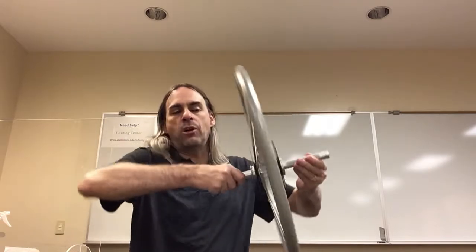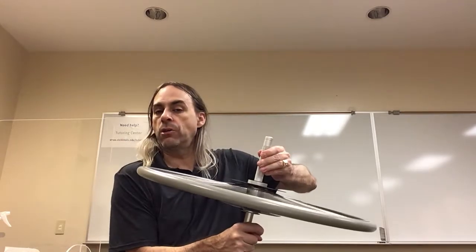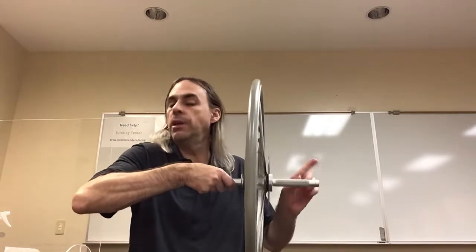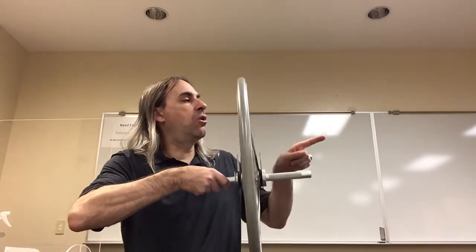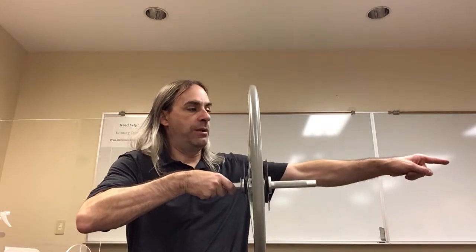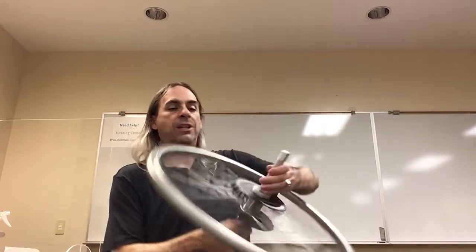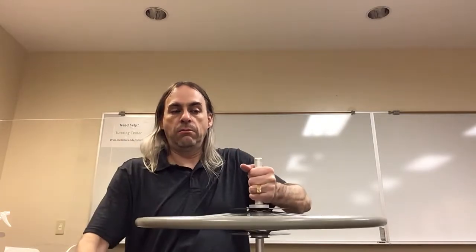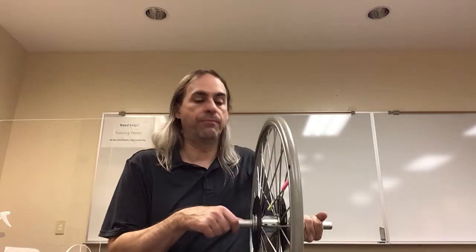I'm going to exert a torque on the wheel, and it's going to exert a torque on me. But overall, looking at it from the point of view of conservation of momentum, the total angular momentum has to be that way. And so if I introduce an upward angular momentum, then I'm going to have to spin to create a downward angular momentum.